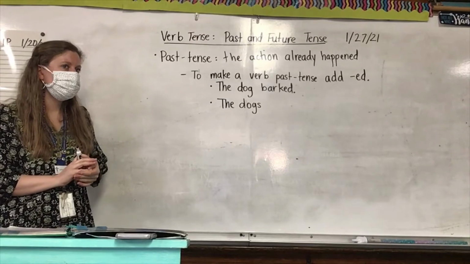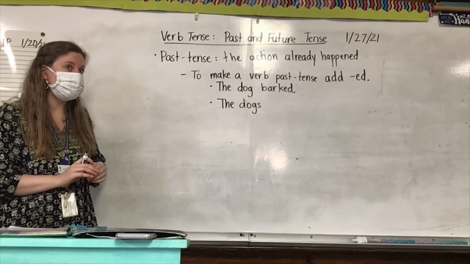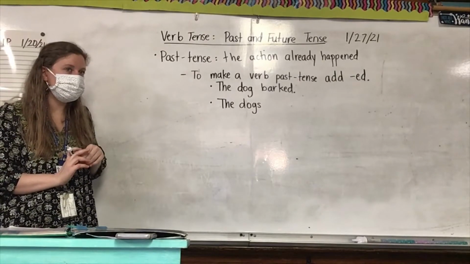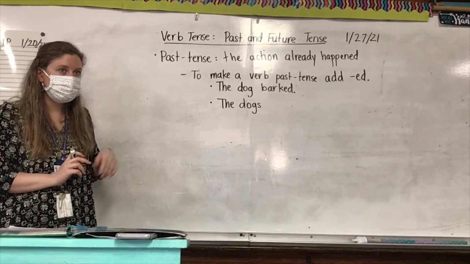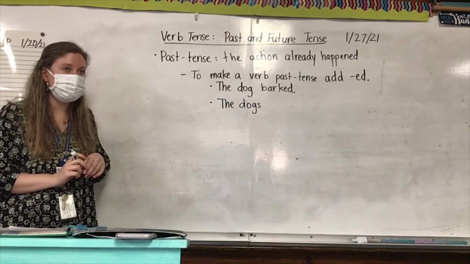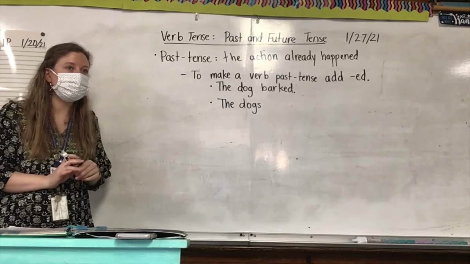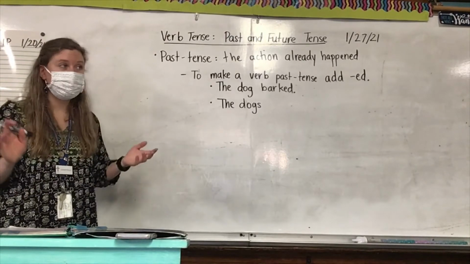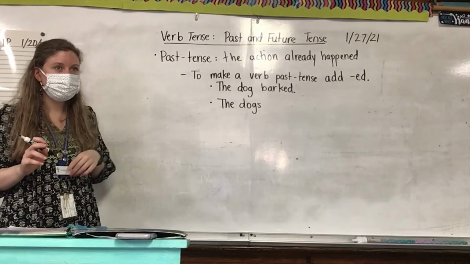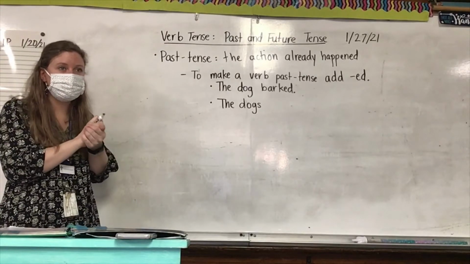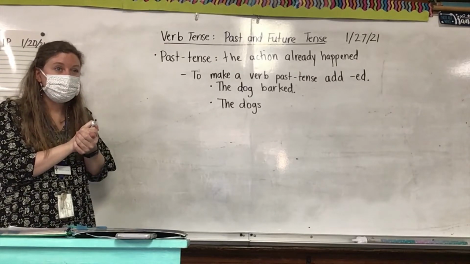The dog are barking. Would that say it already happened? If I said the dogs are barking. Does that sound like it already happened? When does that sound like it happened? The dogs are barking. Right now. Would that be past tense? What would that be? If it's happening right now, what tense would it be? Present.